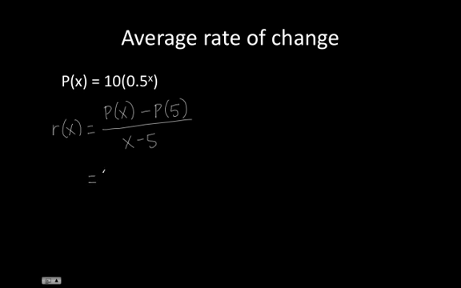And from the previous video, possibly, p of x minus 0.3125, which is the value you get when you plug in 5 to this equation in place of x, over x minus 5, equals r of x. So what this gives us is basically the average rate of change between the x values, instead of, in the previous video, where we just found the p of x values.